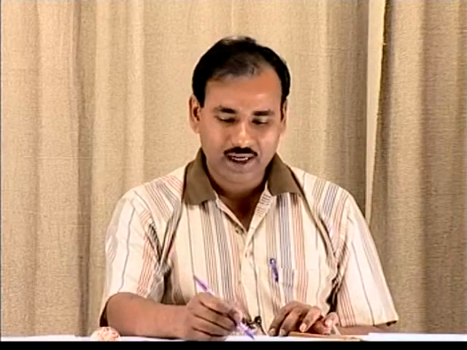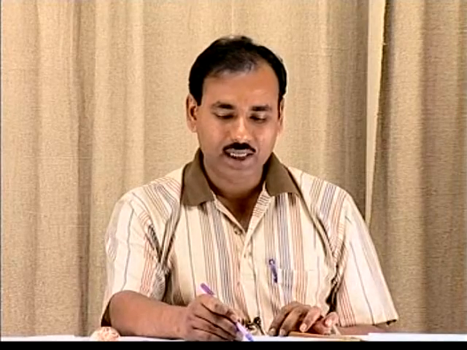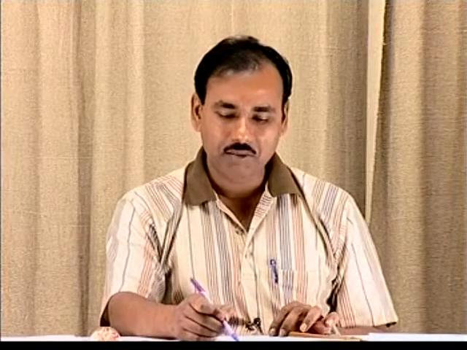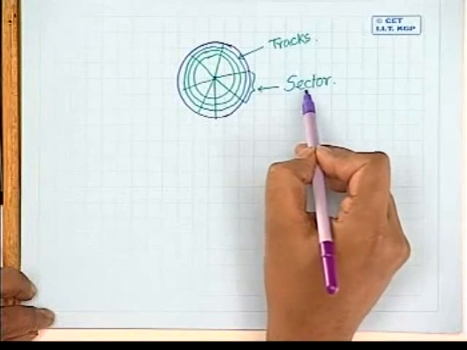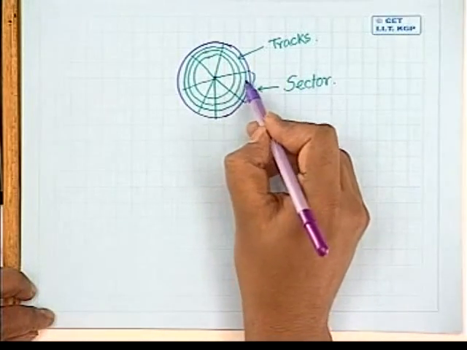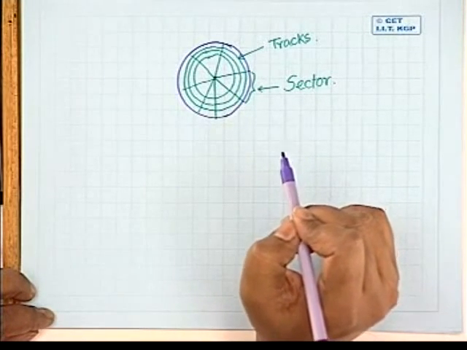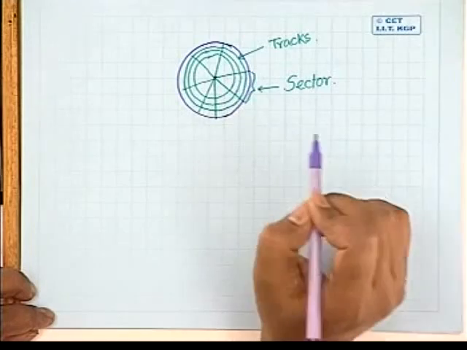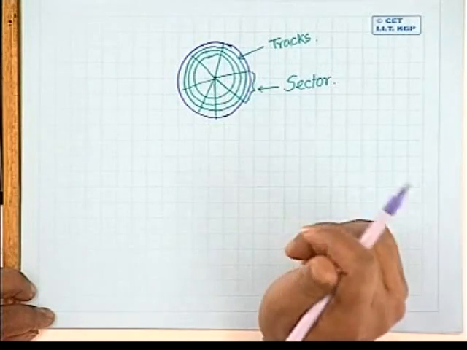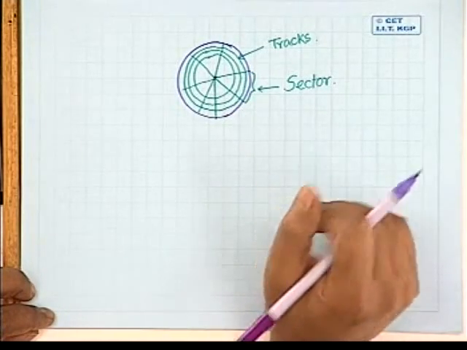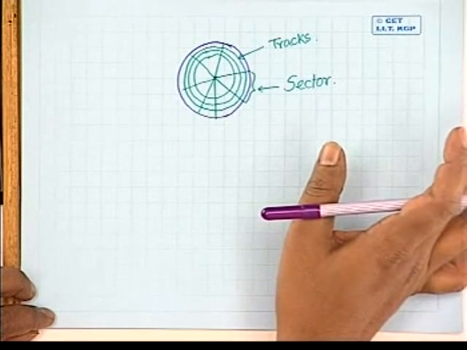And not only that, I also have to identify which track I am interested in. So it is the track number and the sector number taken together that gives a unique identification of a particular record, or in this case, let us call it a particular block on the floppy disk, which can be accessed either for reading or for writing.